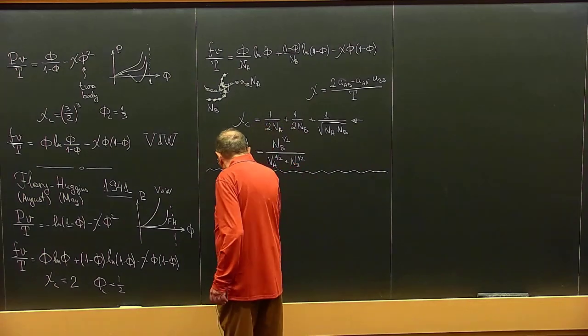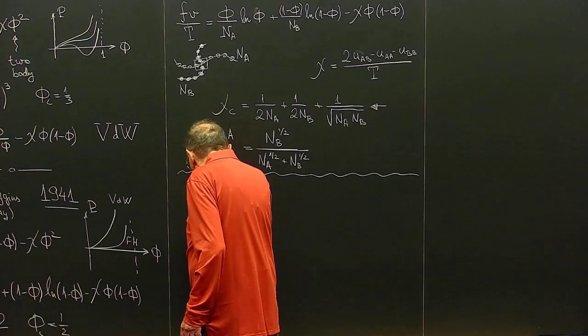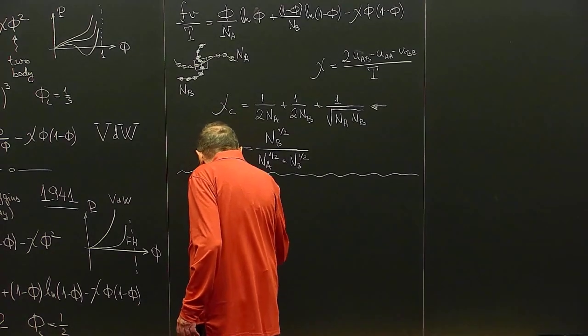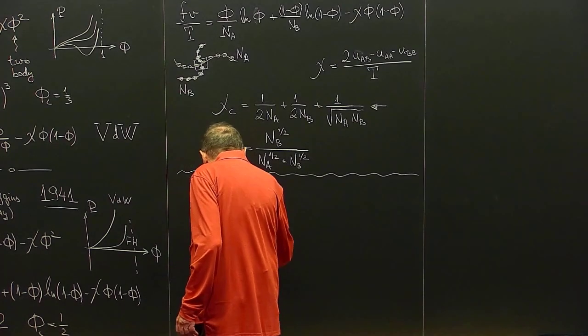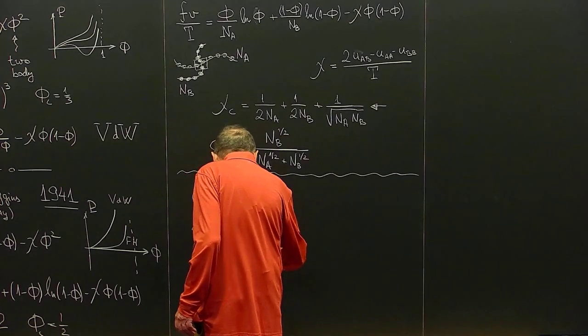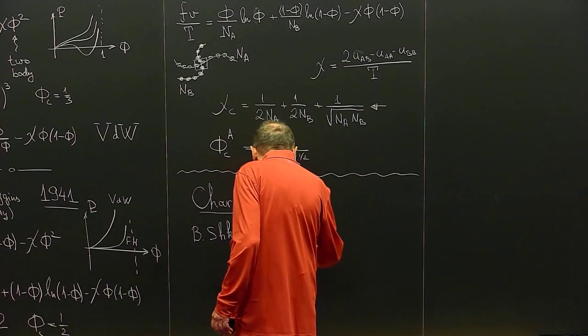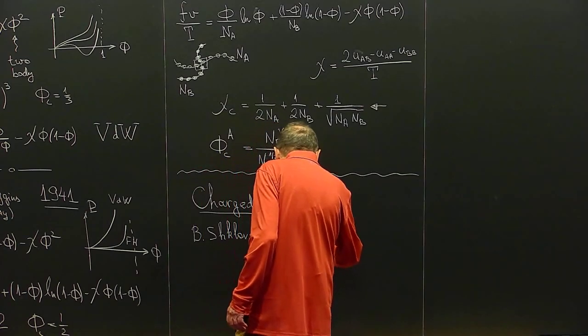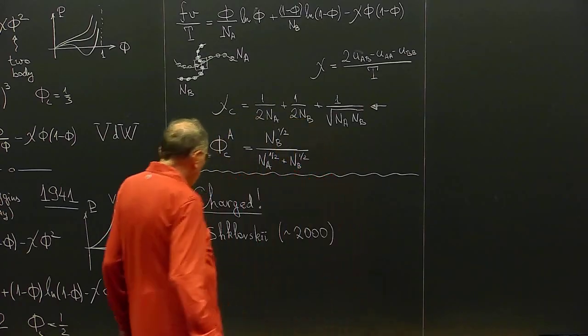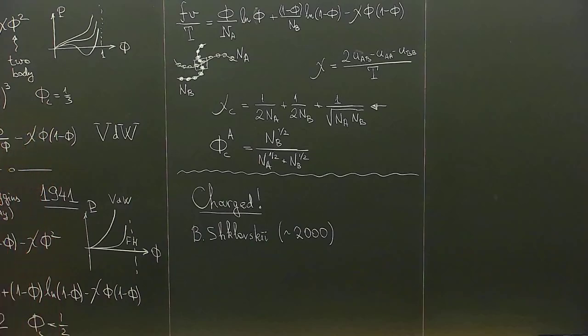And the most sophisticated results on this subject were developed around the year 2000 by my friend and colleague, Boris Shklovsky. Many of you know him. And his ideas I will illustrate by a few examples.